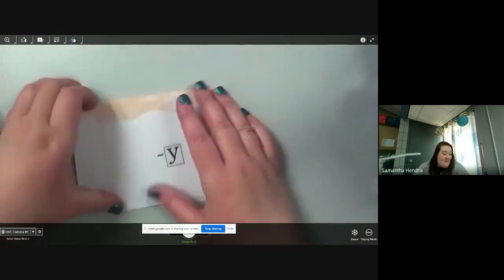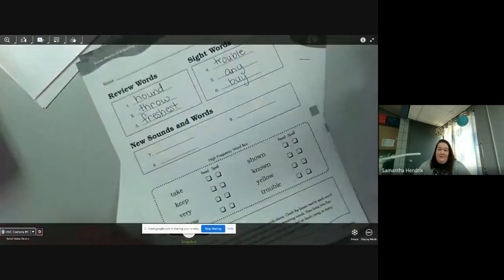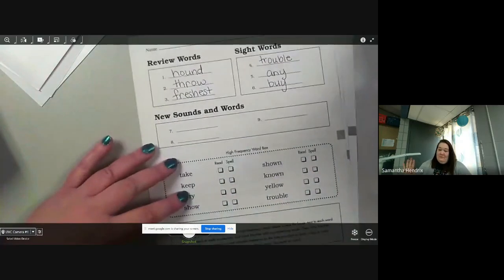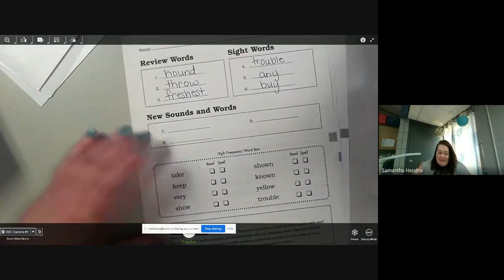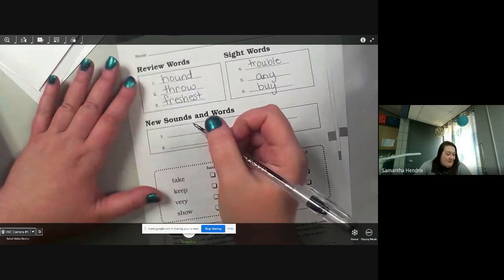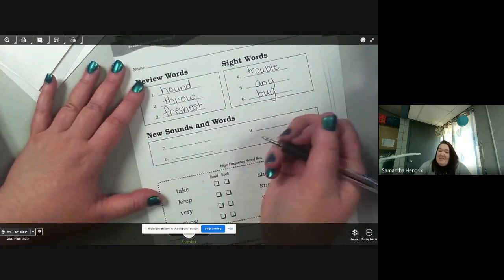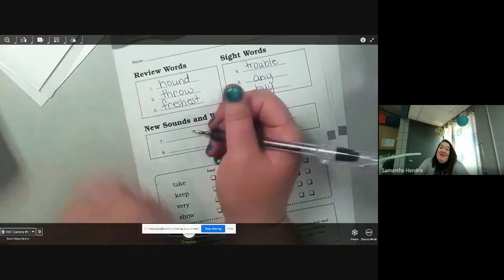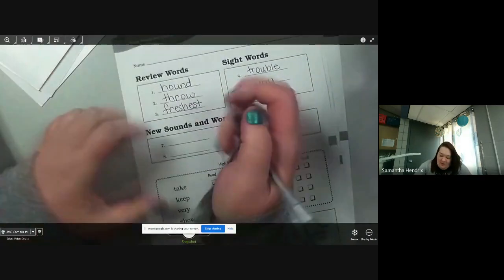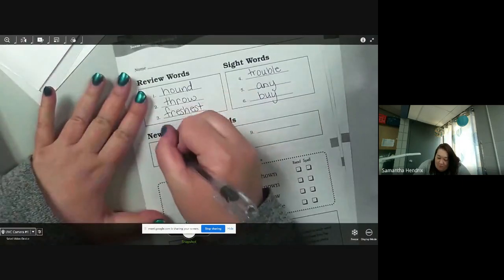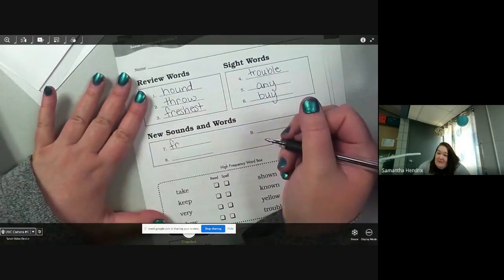Okay. Let's get our sheets back out. I had that feeling that I wasn't recording, but I am. New sounds. So we're going to practice, and let's spell frosty. Full of frost, or the grass was frosty. That's a blend.